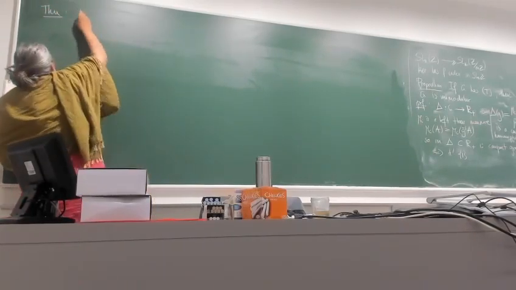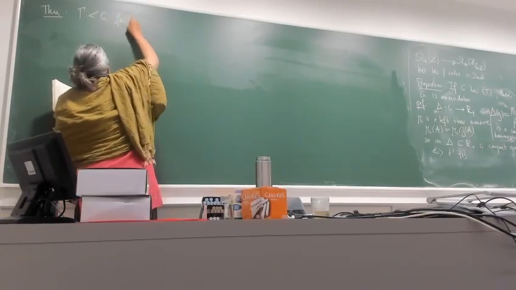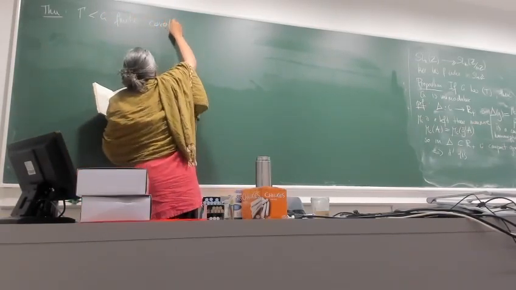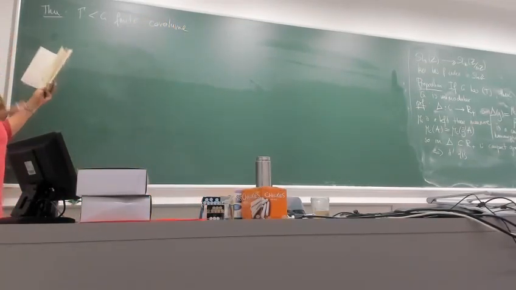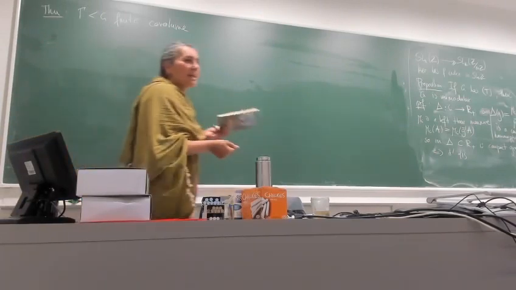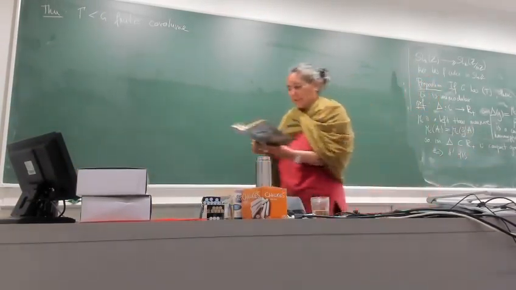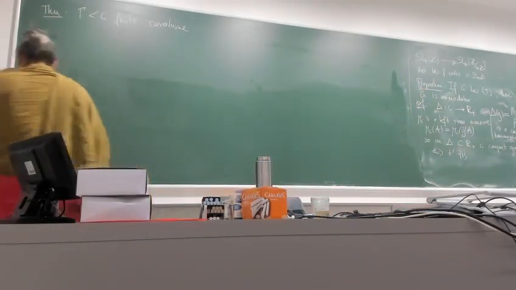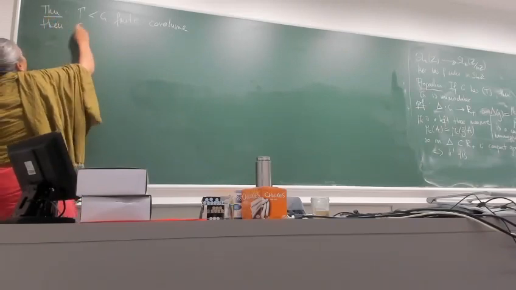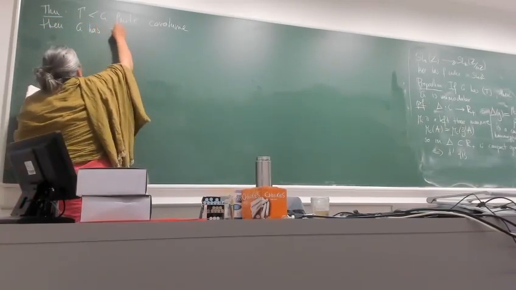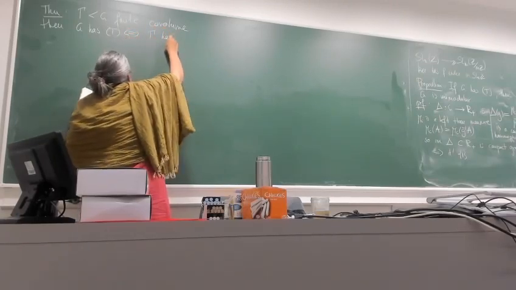If you have gamma contained in G of finite co-volume, which means it's a discrete closed subgroup that has a finite volume fundamental domain, then G has T if and only if gamma has T.